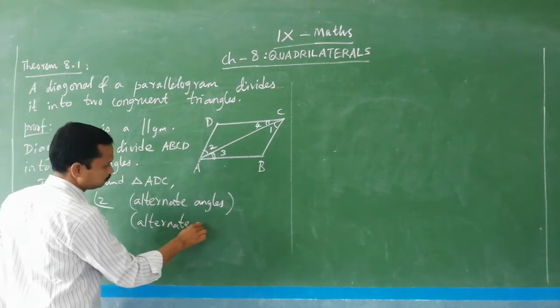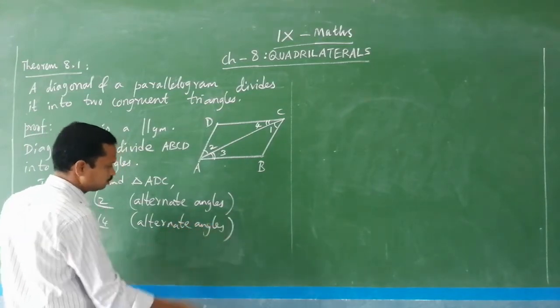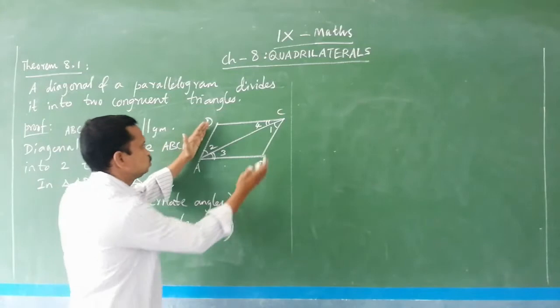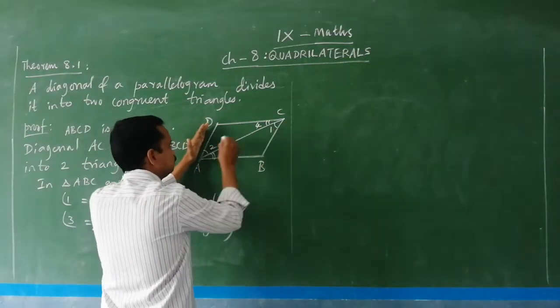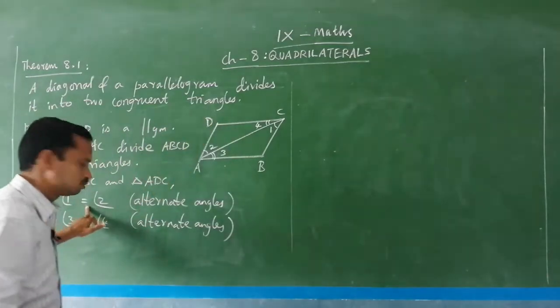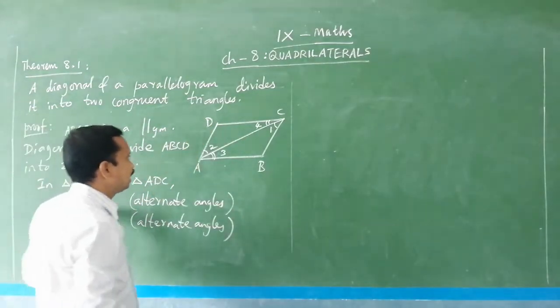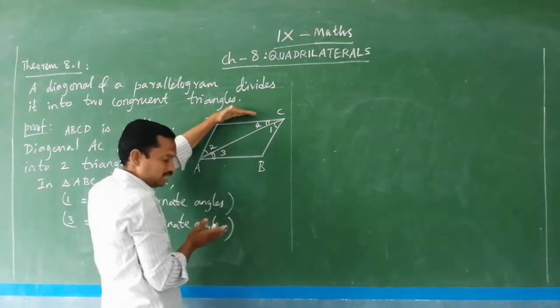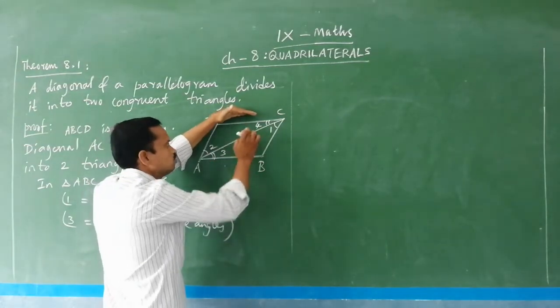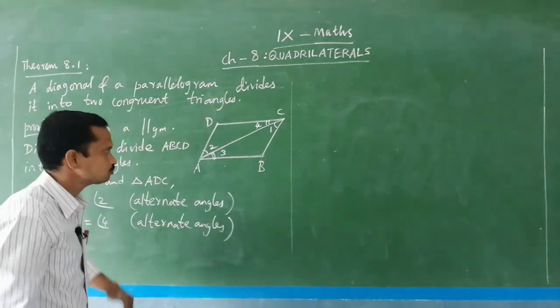Is it clear? Alternate angles means Z angle. If these two are parallel and this is the transversal, then 2 and 1 are alternate angles. That is what I have taken here. And if these two sides are parallel and this is the transversal AC, then 3 and 4 are alternate angles.